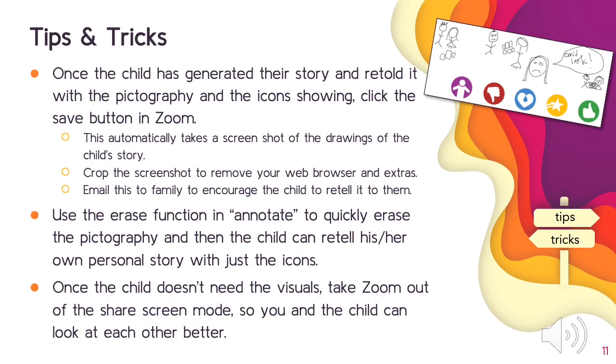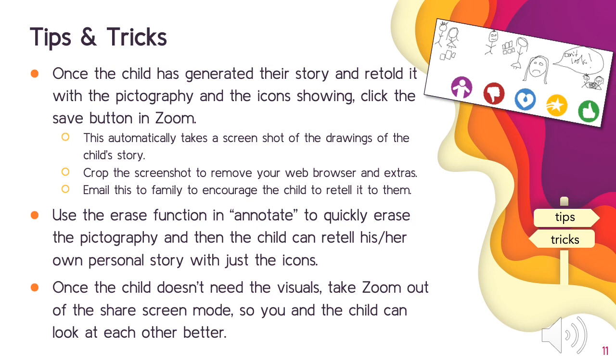So when you're doing the personal story portion of the master lesson plan, I kind of like to be able to give the kids the pictures that I drew of their stories. So here's a screenshot of the personal story that the child generated in the recorded session. So once the child has generated the story and retold it with the pictography and the icon showing, click the save button in Zoom.